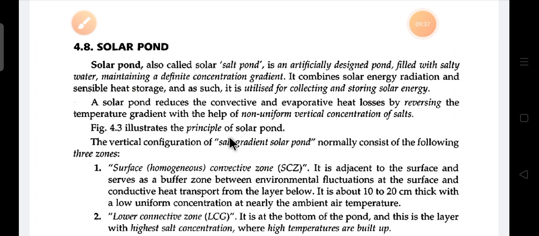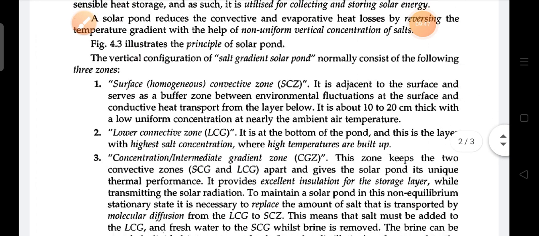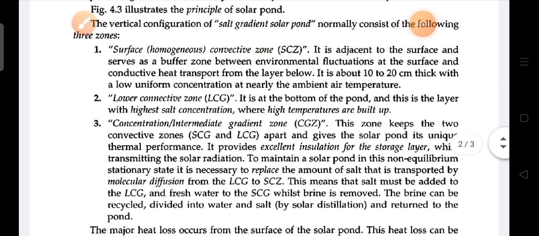In the vertical configuration of salt gradation, a solar pond normally consists of the following three zones. That means the pond has three zones inside vertically. One is the surface convective zone, which is SCZ.